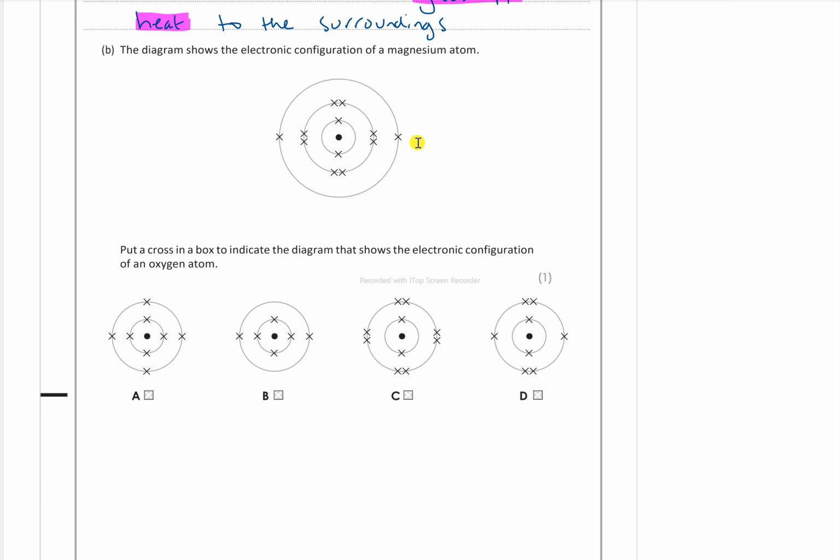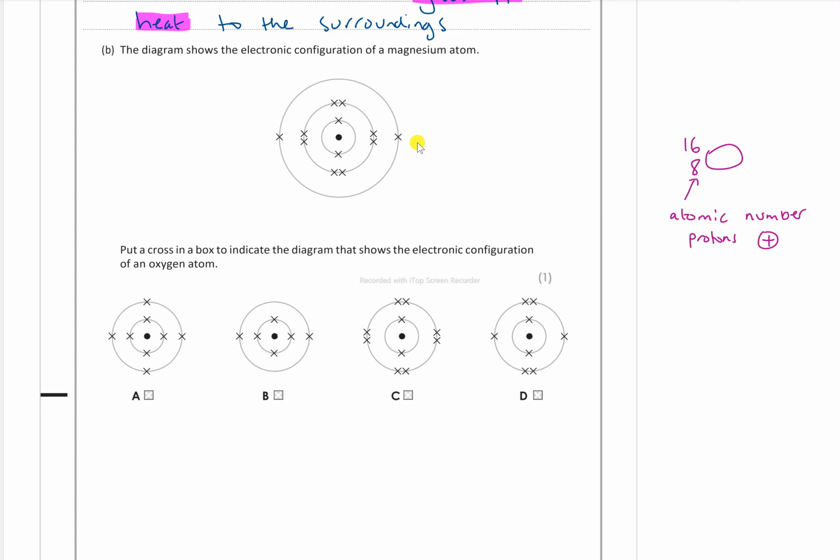Right, the diagram shows the electronic configuration of a magnesium atom. Oxygen atom. So oxygen is that. So we've got, that's called the atomic number, and it stands for the number of protons.